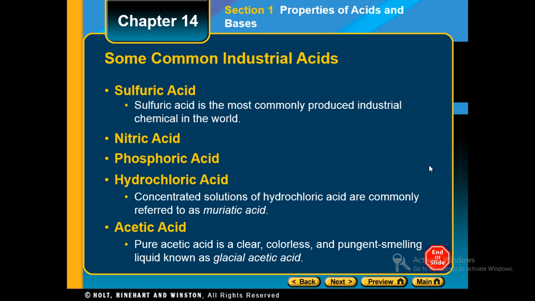Okay, when we ask about the properties of acids and bases: if an acid and a base react together, what will they give us? And give me an example.